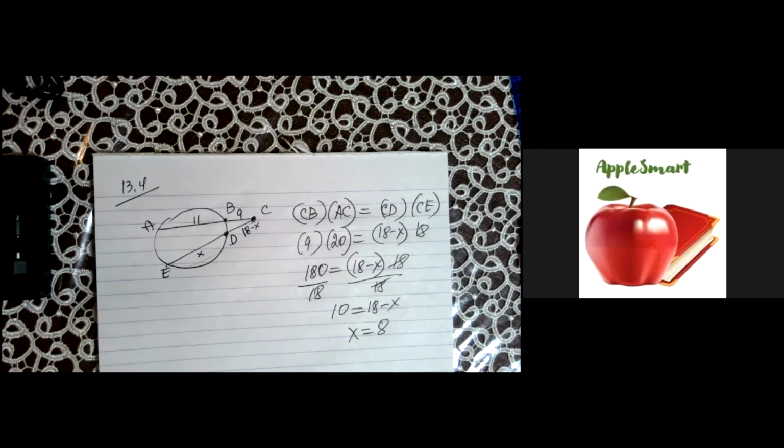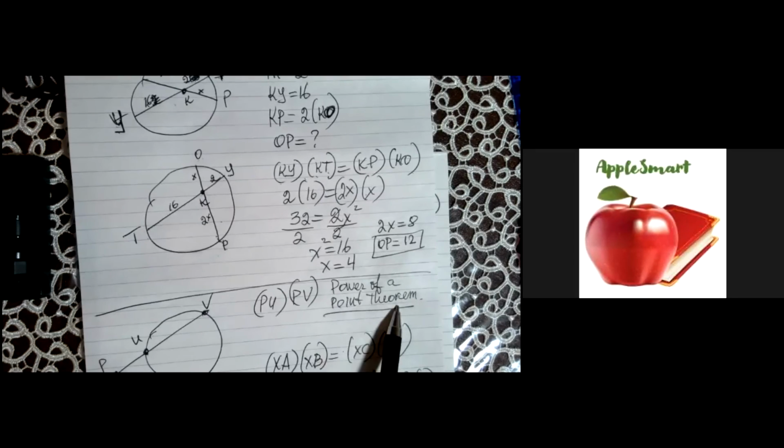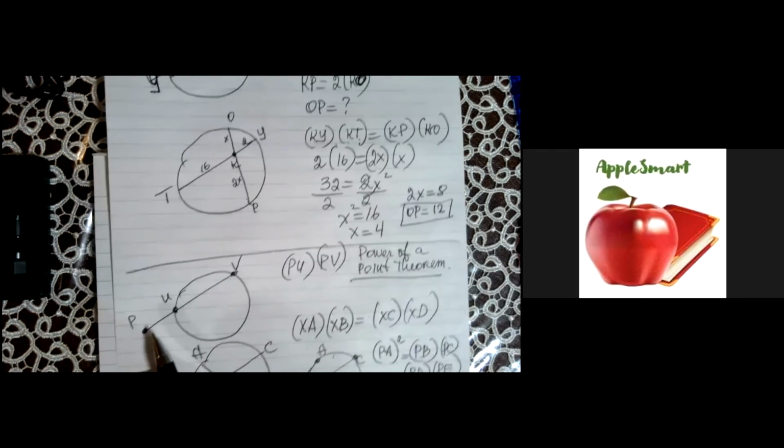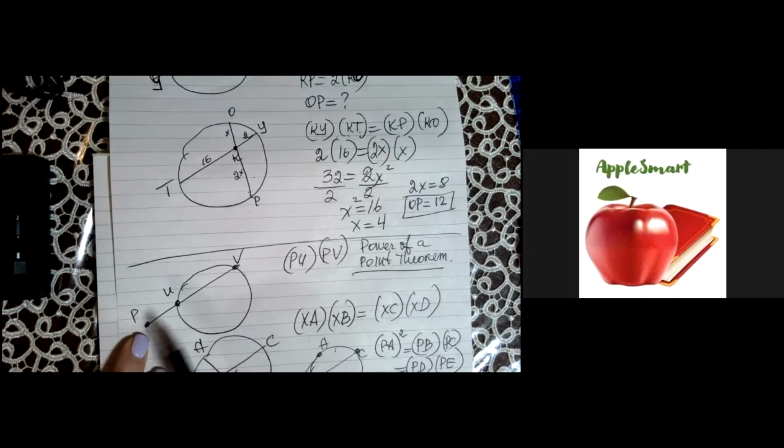How did you get the CB times AC equals CD times CE? Oh, okay. This is back from the power of a point theorem, where if you have a point outside of the circle and you make a secant from that point to your circle, your secant will obviously intersect with your circle in 2 points. That's why it's called a secant.